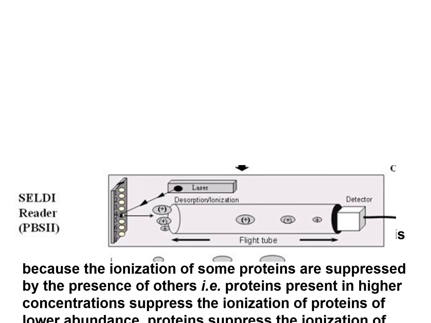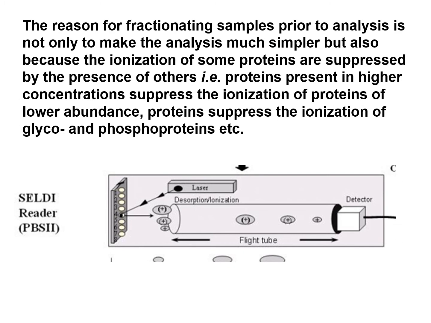So here it is, the reader, and the reason they multi-spotted it was it just makes it simpler. Okay, so if you put too many proteins on a spot, right, you might suppress the ionization. So this separates proteins out and makes it more accurate as to what is in the spot here.